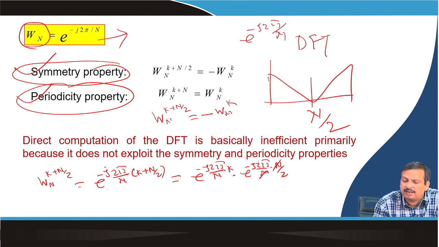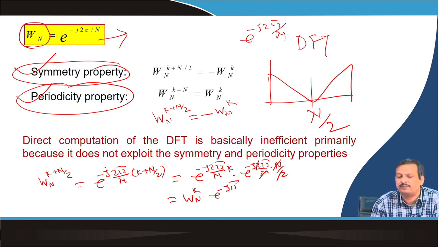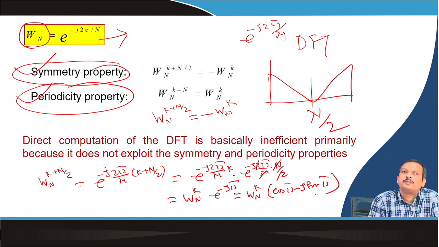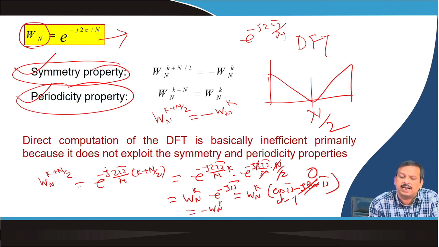So, n cancels, 2 cancels. So, this is nothing but again Wn k. Now, what is e to the power minus j pi? It is nothing but cos pi minus j sin pi. So, this portion is 0 and this is equal to minus 1. So, it is nothing but minus Wn k.